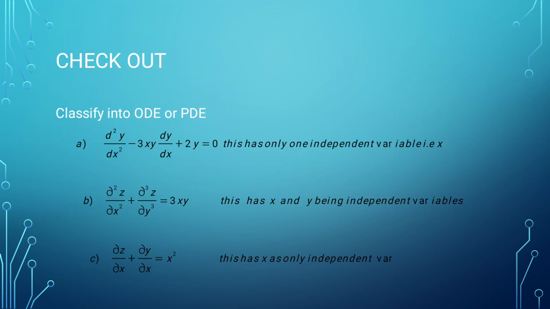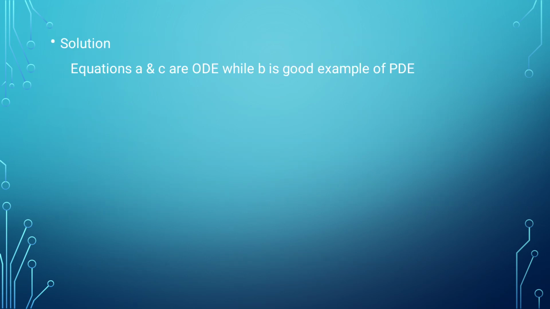With that, we can check the solution. You'll find that A and C are ODE, while B is a good example of a PDE.